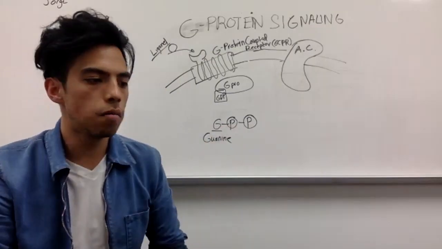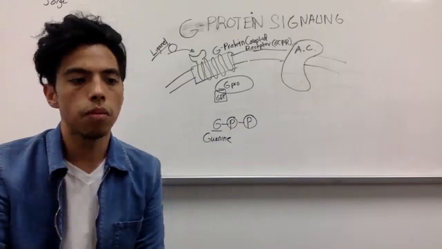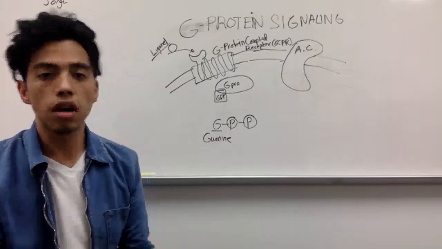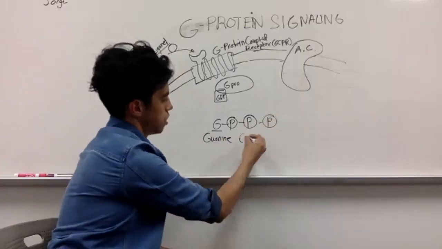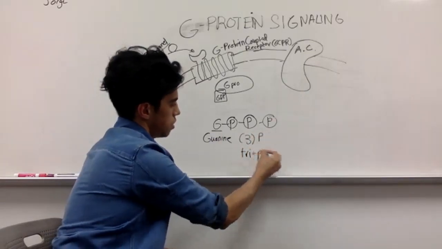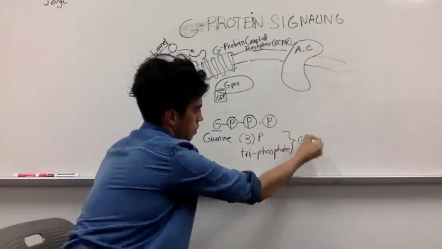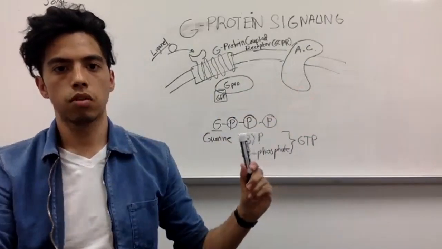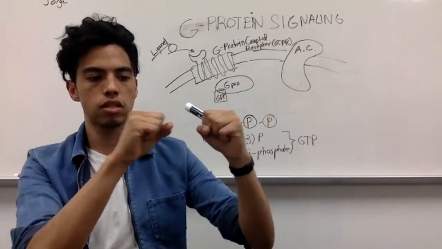So that's how you get the name GDP. All right. And GDP doesn't have that much energy in it, but what does have a lot of energy is ATP and GTP. The reason why is because when you have three different phosphate groups next to each other, that's a lot of negative charge really close to each other, and so they're repelling each other.